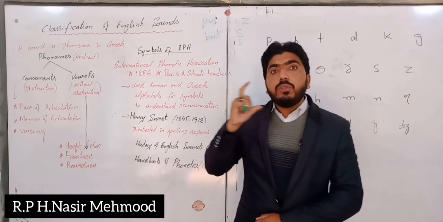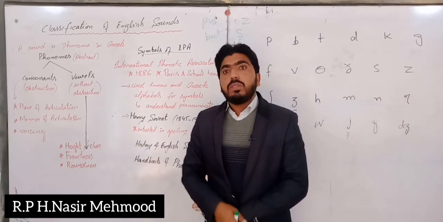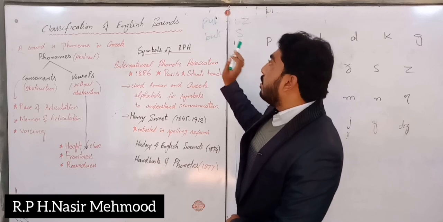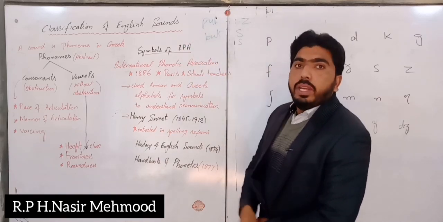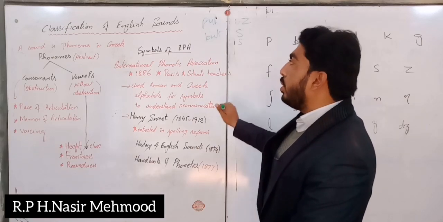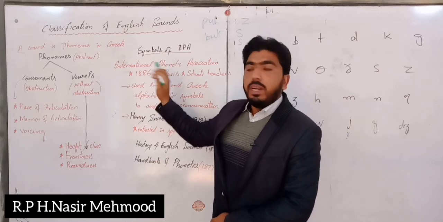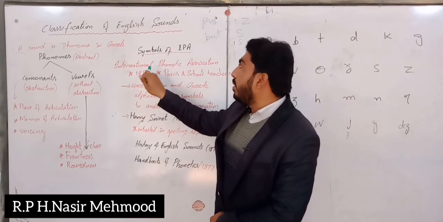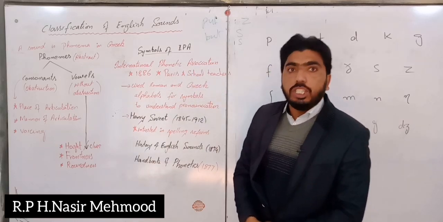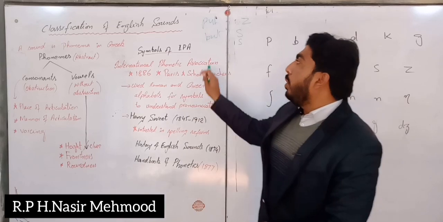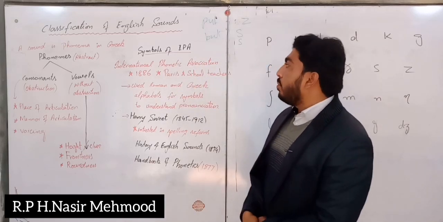So it's quite confusing. In order to solve this problem, in order to bring reforms, an association was established, and the name of that association is IPA, International Phonetic Association. You need to remember, it was established in 1886 in Paris, and a number of school teachers were the founders of this association.